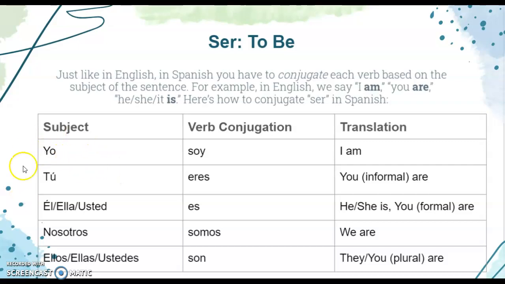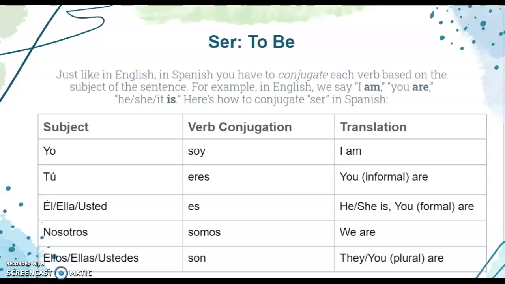So if the subject is yo, the verb conjugation is going to be soy. So we say yo soy, which means I am. If I want to say you are, it's going to be tú eres. If I want to say he is, she is, or you are in a formal situation, I'm going to say él es, or ella es, or usted es.